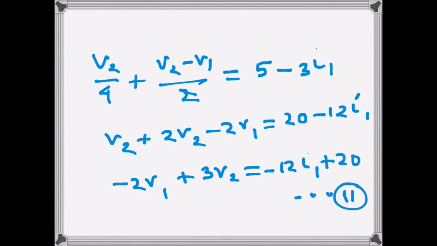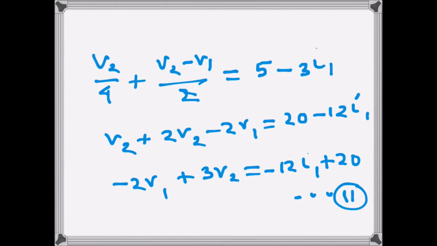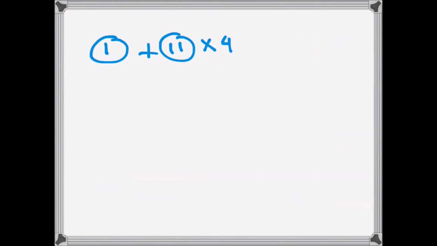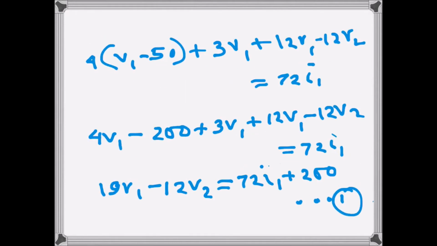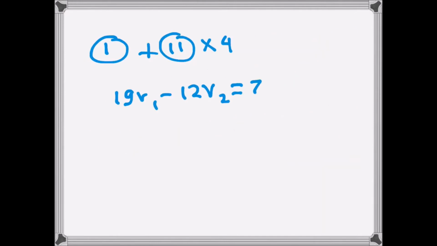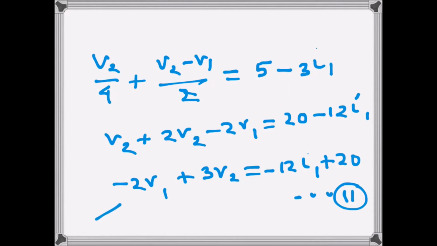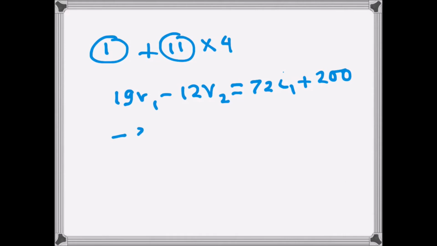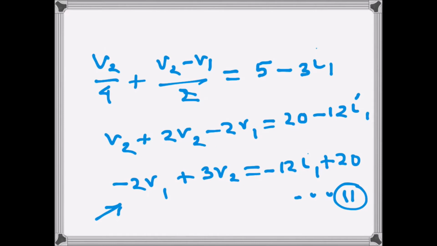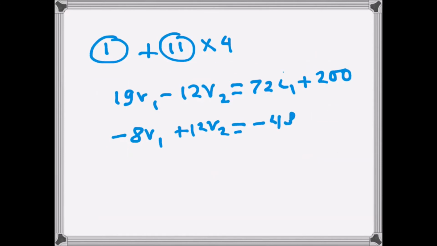We can multiply equation 2 by 4 and add it to equation 1, since we are trying to cancel V2. So equation 1 is 19V1 minus 12V2 equals 72I1 plus 200, and equation 2 multiplied by 4 becomes minus 8V1 plus 12V2 equals minus 48I1 plus 80.